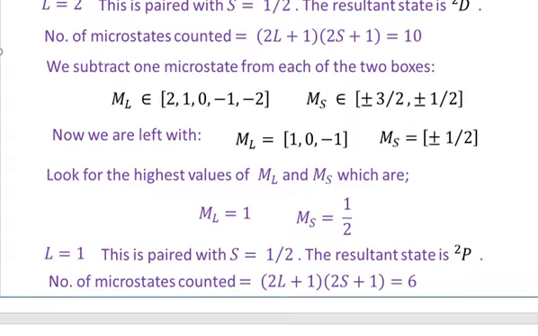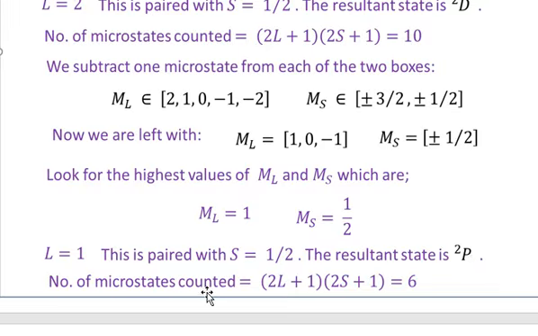So capital L is equal to 1 will be paired with capital S is equal to half. The resultant state will be 2P, because the P symbol corresponds to L is equal to 1 and S is equal to half. We have the multiplicity is equal to 2. So this is the doublet case. So 2P is an allowed state.